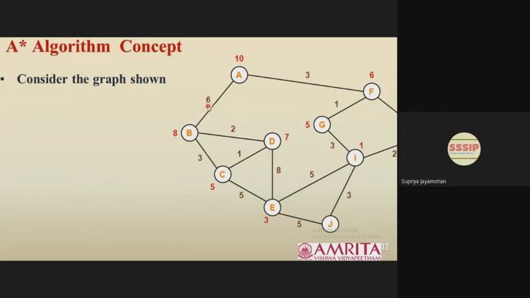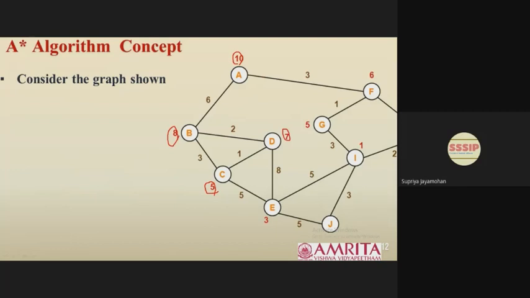You would see some values like 6, 3, 5, 5, etc., which may be in black or brown color, and you would see at the nodes some values are also available. You have 10 at node A, at B you have 8, at node C you have 5, so on and so forth. For various nodes, you have various values assigned.